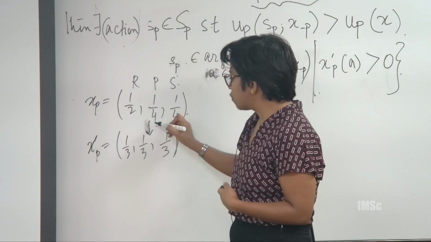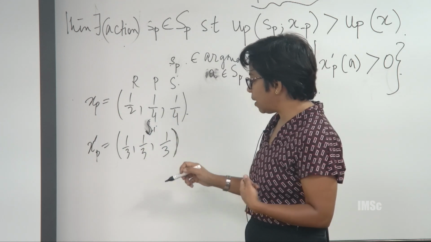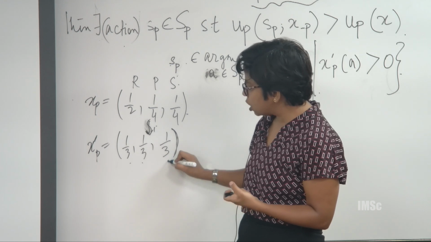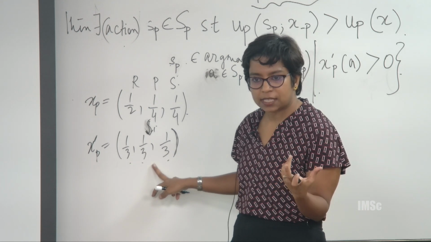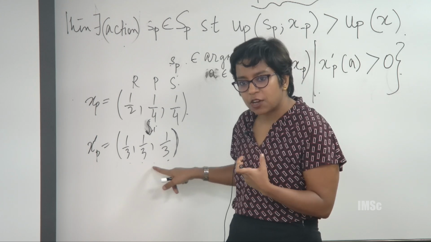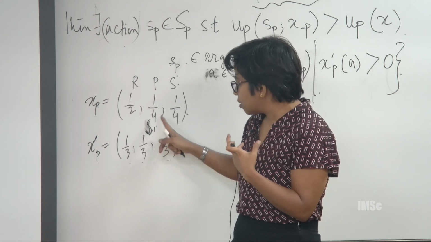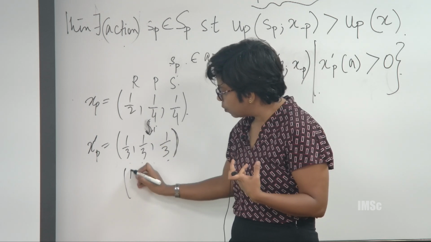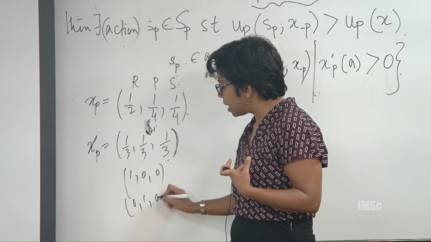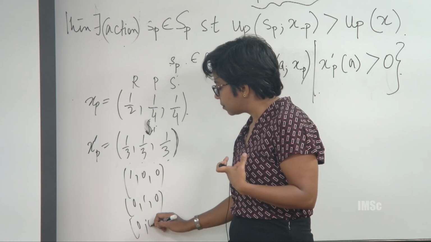So from here, if I look at that payoff matrix, I basically have to see that all three of them are in the support. In this case, each of them you could just move to anything, 1, 0, 0. They are all equivalently good actions. So you're saying they are better than XP?